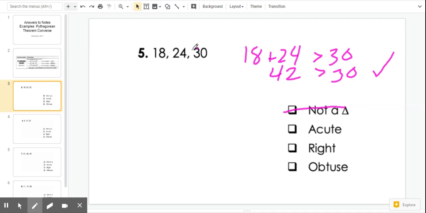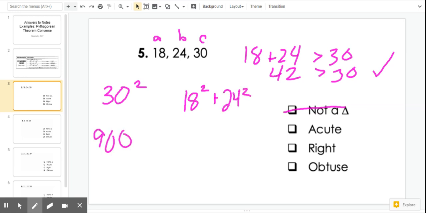C is always going to be the largest side. So that means 30 is C. And let's just say 18 is A and 24 is B. So 30 squared, we want to know if that's greater than, less than, or equal to 18 squared plus 24 squared. So what's 30 squared?